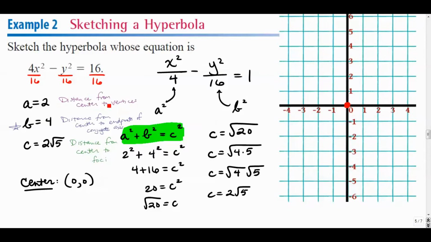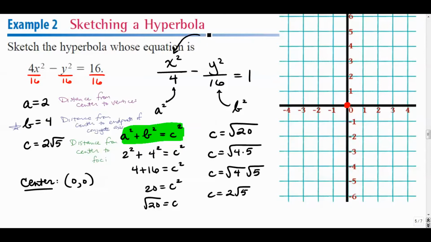A is the distance from the center to the vertices, but we need to know which way to go. Do we go up and down, or do we go left and right? And that is determined by whatever letter leads the fraction, or the left side of the equation, if you will.